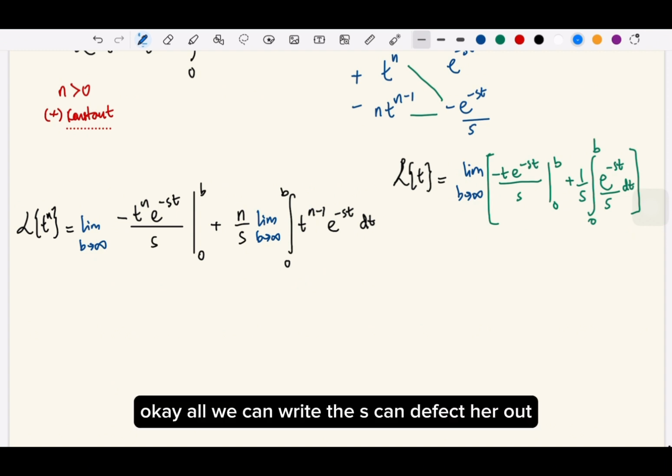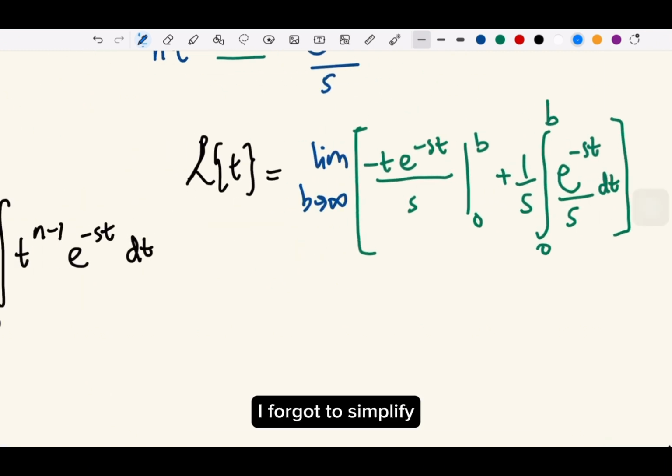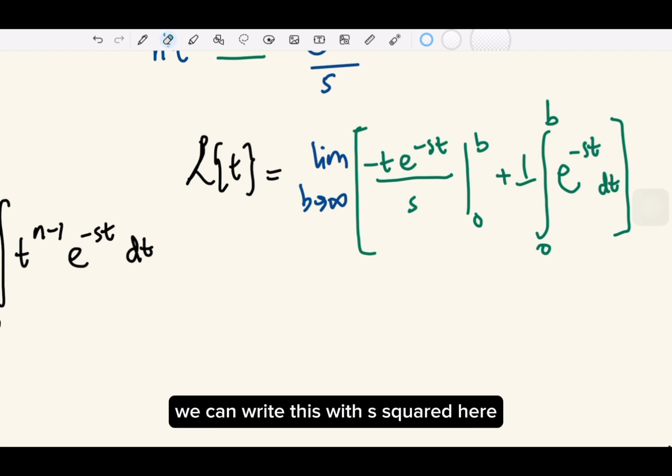Or we can write the s can be factored out. I forgot to simplify. We can write this with s squared here.